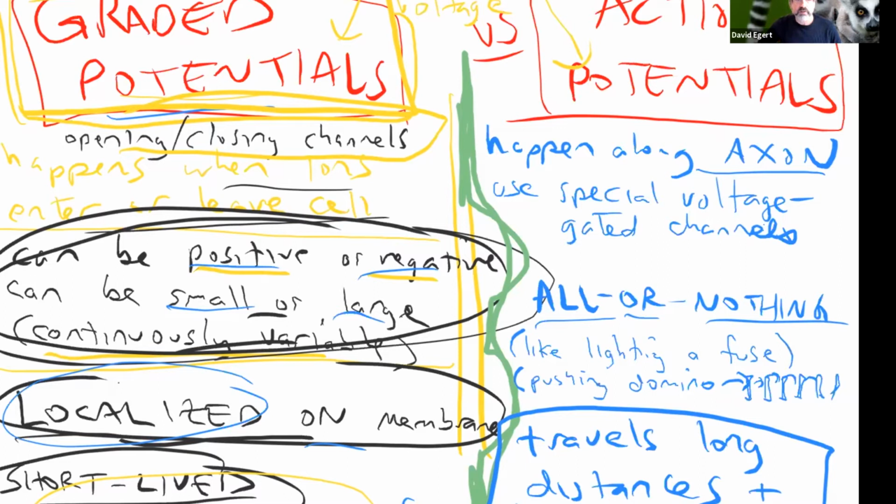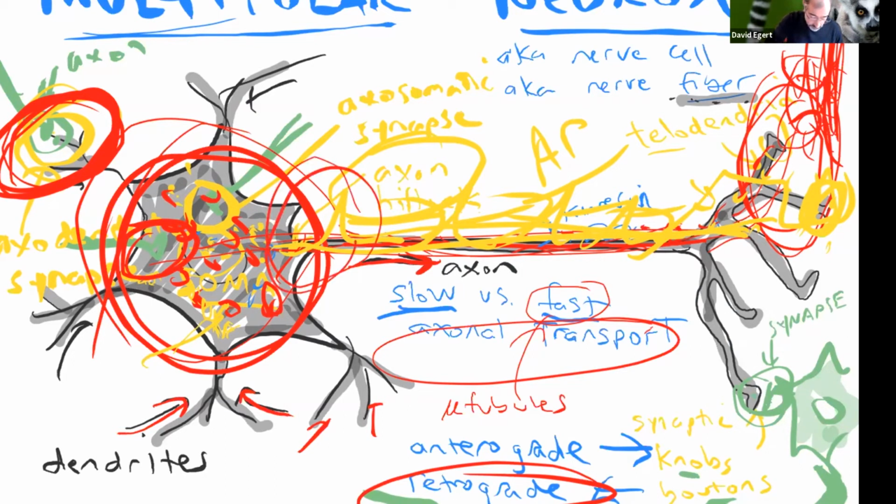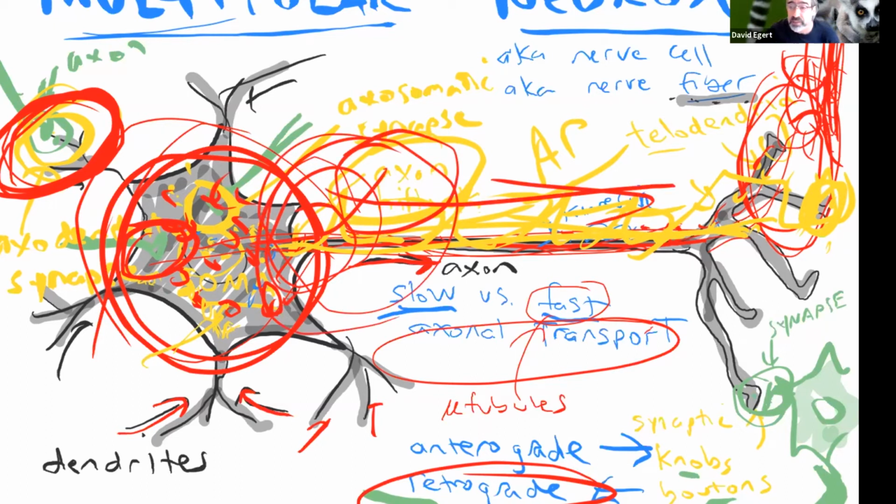So we're going to see graded potentials happening when I was talking about these synapses. Usually when a synapse is fired off, you ultimately open channels that create these local graded potentials that ultimately affect whether or not the axon hillock hits its threshold to fire off an action potential. So we'll talk about that much more completely in a few moments.